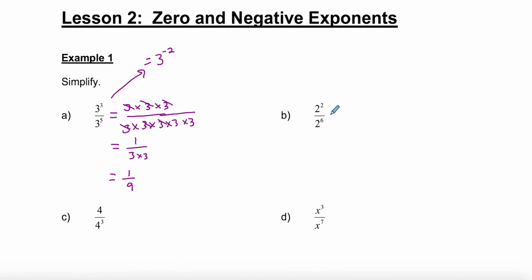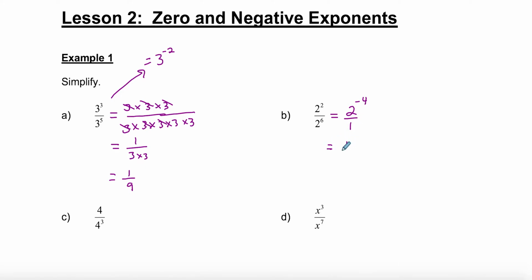So let's look at this one. If this was your question and we don't want to write that out every time, we have the same base, and so we can subtract our exponents. So that would be the same thing as 2 to the negative 4, because 2 minus 6 is negative 4. Having a negative exponent means we imagine that this 2 is really a fraction, like 2 over 1, and we need to write down the reciprocal of that fraction.